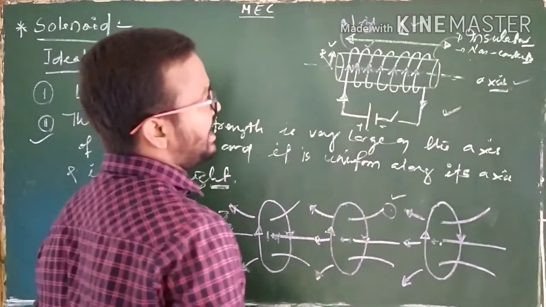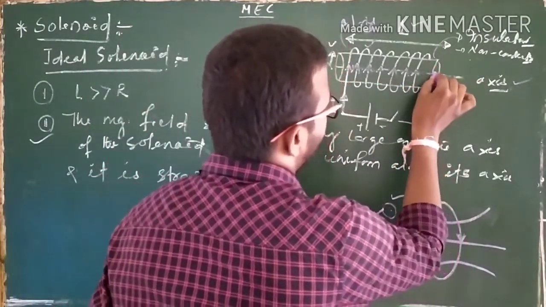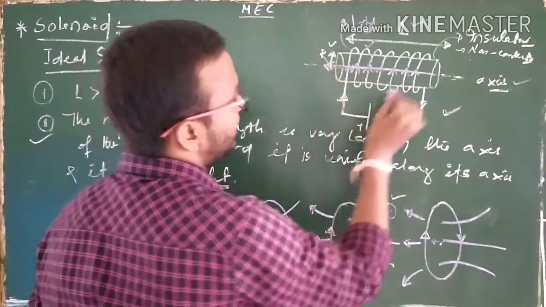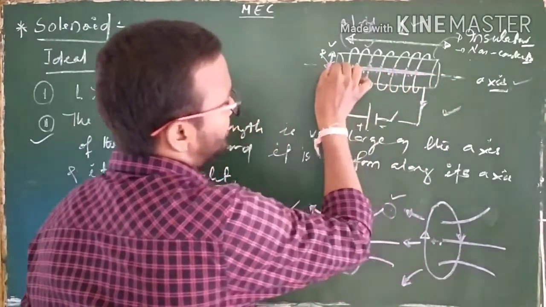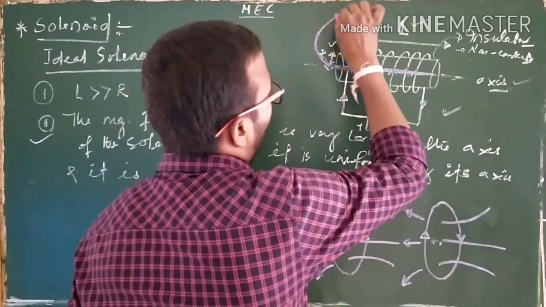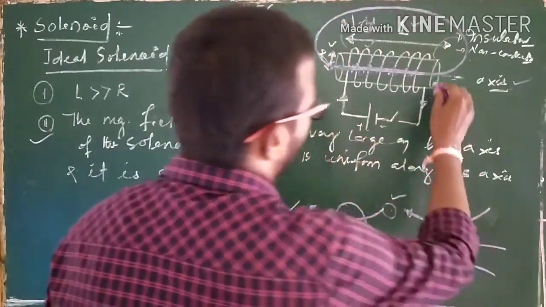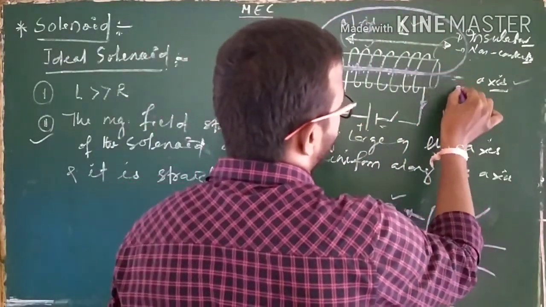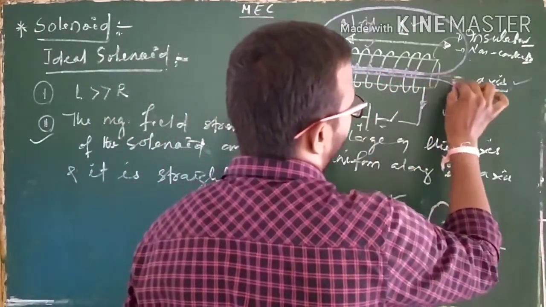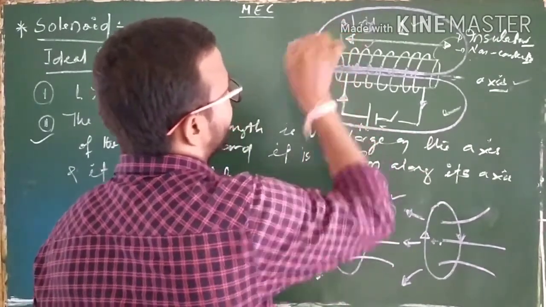So the magnetic field line due to a long solenoid inside the solenoid, this is the direction of magnetic field. Clear? This is a straight line, and outside the solenoid the lines loop like this. Clear? And we can draw this graphical representation of magnetic field lines for a solenoid.